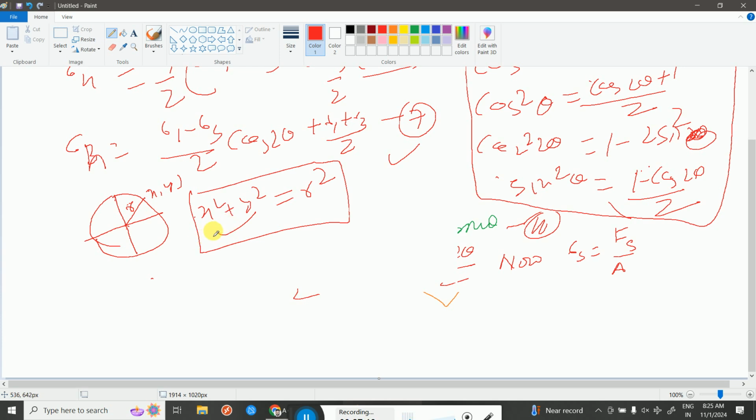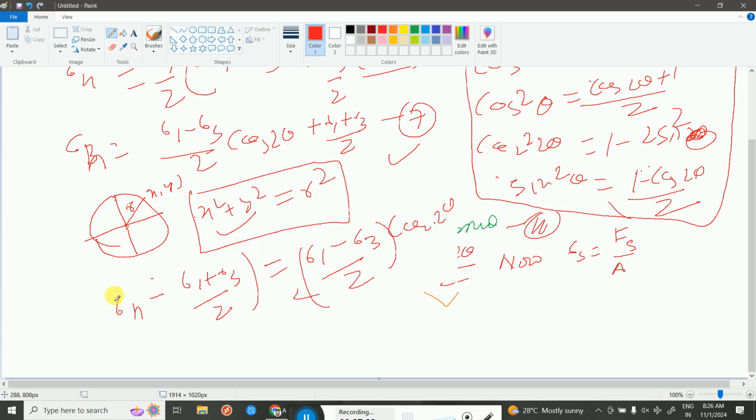Take sigma n from equation 7, sigma n minus sigma 1 plus sigma 3 by 2 is equal to sigma 1 minus sigma 3 by 2 cos 2 theta. Okay, take the bracket and keep the square both sides.